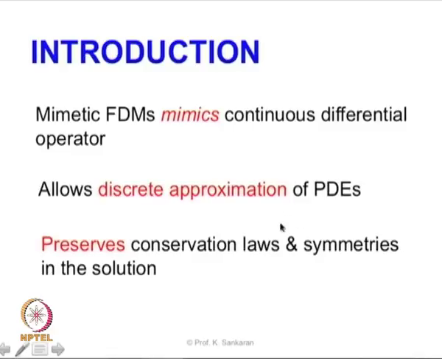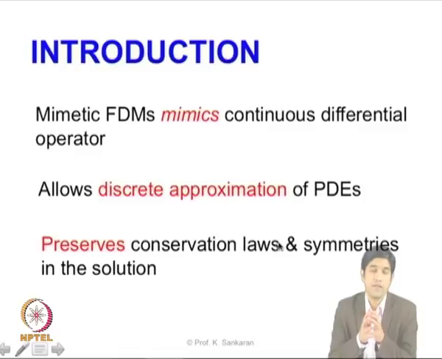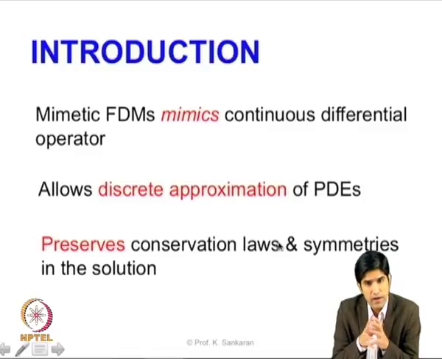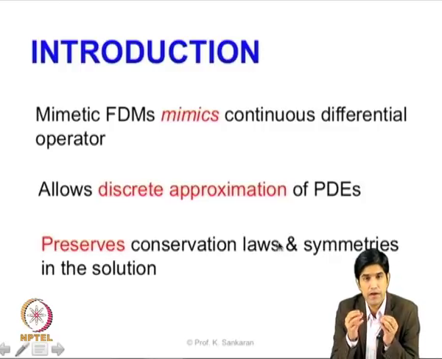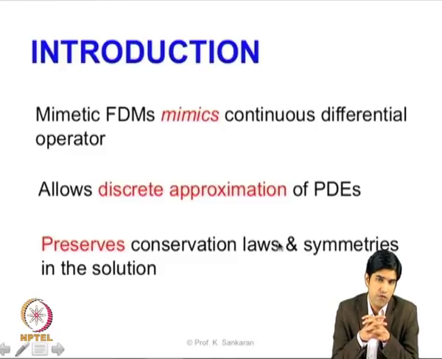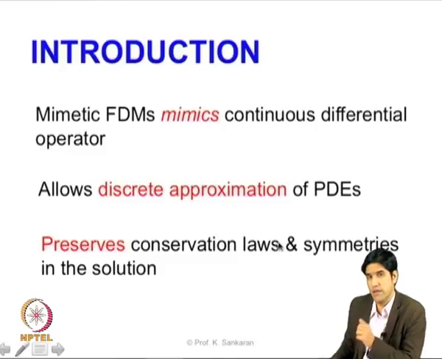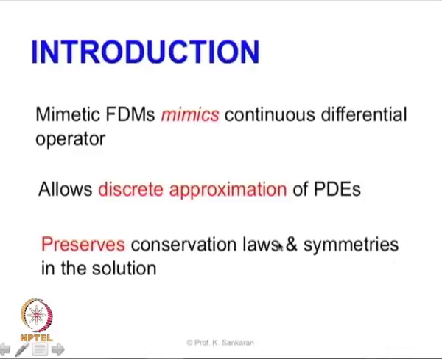So one has to find mathematical models that can preserve the symmetries in the solution. There is a lot of motivation to go for mimetic methods, and one has to formulate the mimetic method in such a way that it can capture the aspects of the Maxwell equation in principle, and at the same time have the simplicity of finite difference method. That's the aspect that we are going to look into.